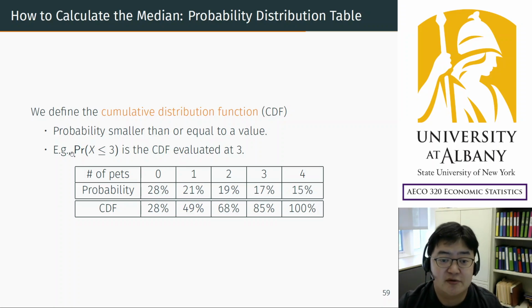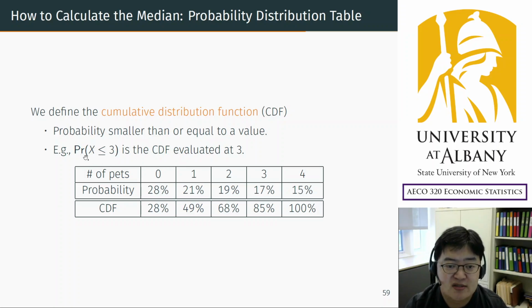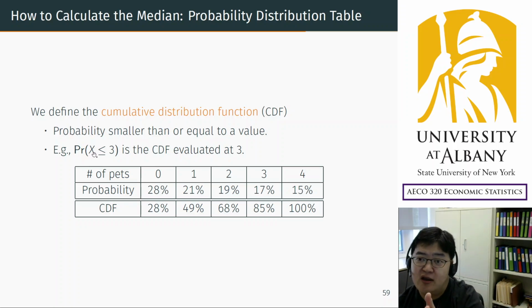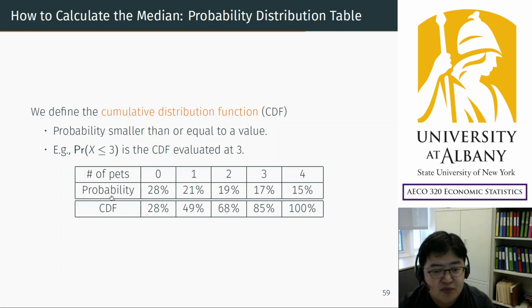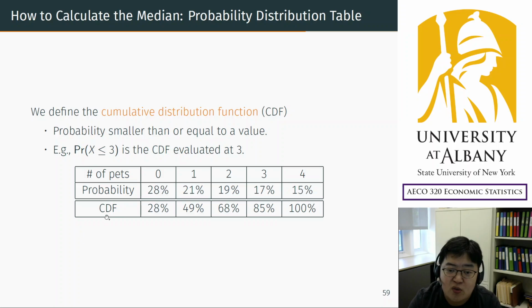So, for example, at each point, like say at 3, the cumulative distribution function gives you the probability from the smallest up to 3. Look at this. At 0, the cumulative probability is 28%, from the smallest up to 0, so just itself.